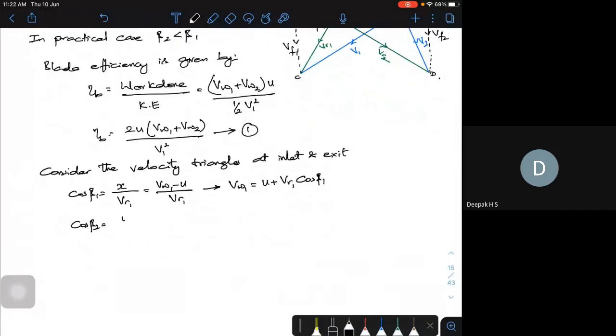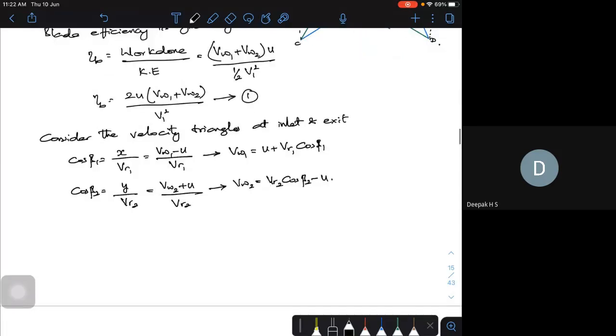That is VW2 plus u divided by VR2, or I can write VW2 is equal to VR2 cos beta 2 minus u. This is the expression we got.